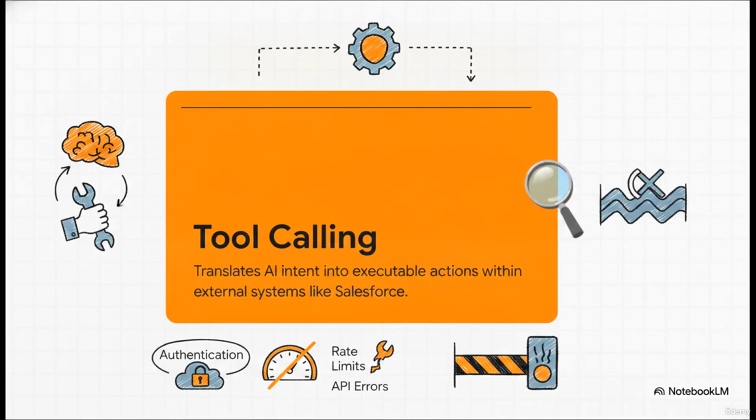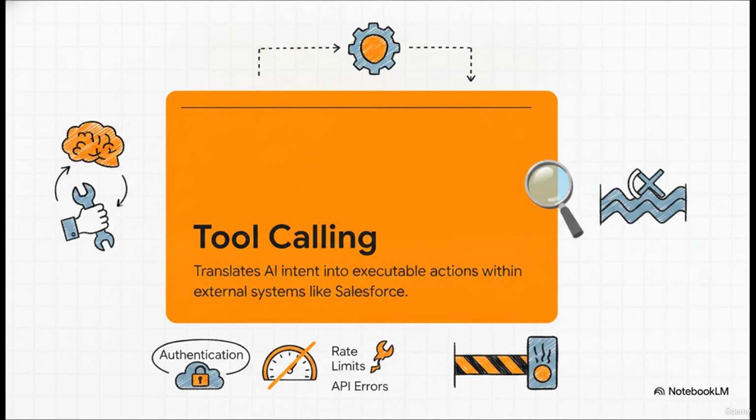And this fundamental difference brings us to the concept of tool calling. Tool calling is essentially the integration layer that gives the agent its hands. It takes the AI's probabilistic intent, what it wants to do, and translates that into a very structured executable action in an external system, like pulling a record in Salesforce or committing code in GitHub. Now, the real danger here isn't the AI's thinking process.